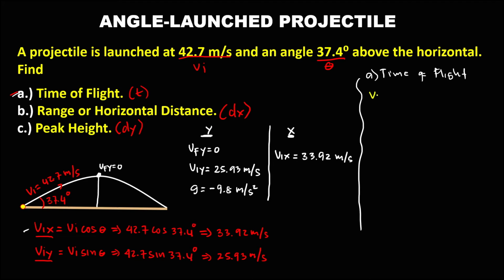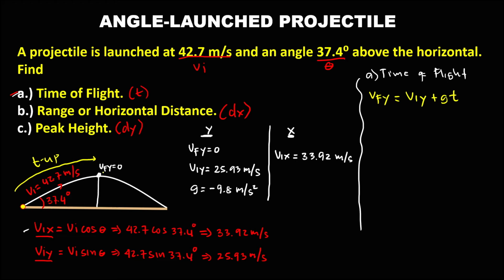The final velocity for y equals the initial velocity for y plus the gravity times the time. Take note that from this formula, we are only solving the time up.